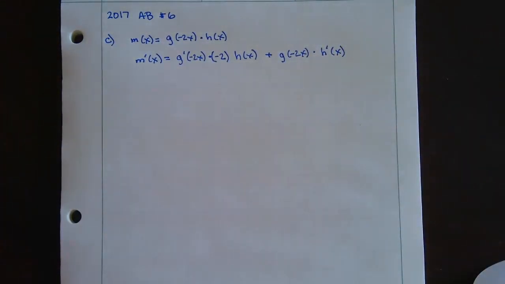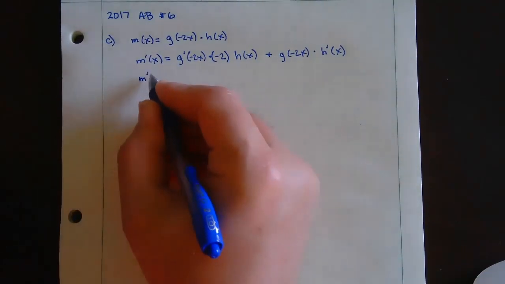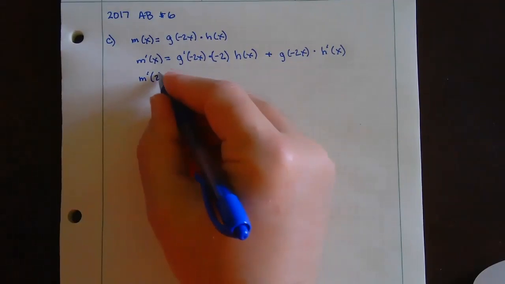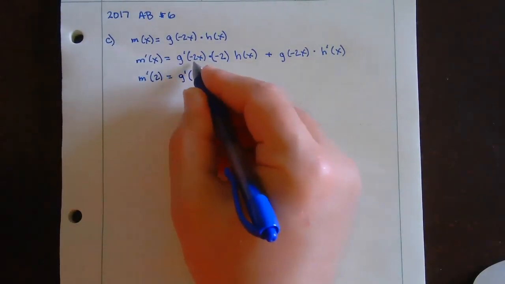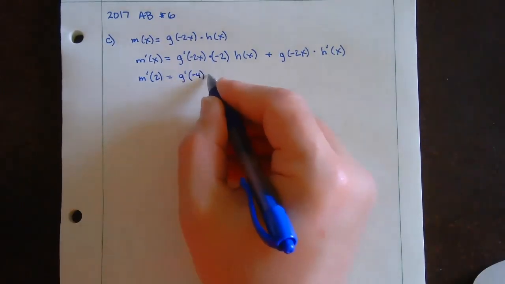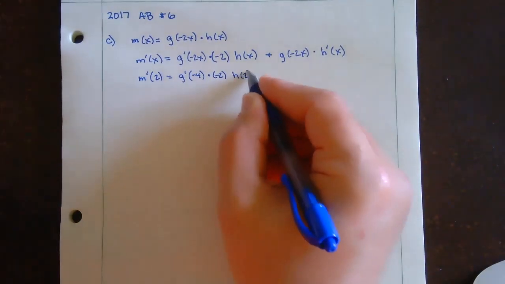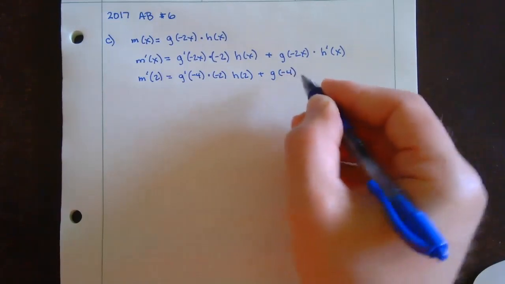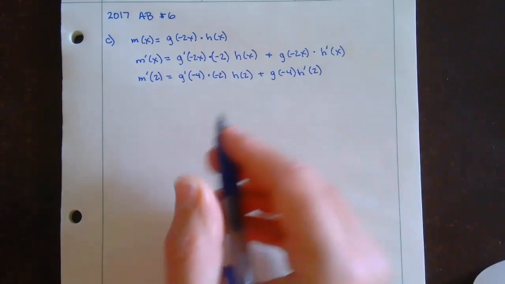Okay, so cleaning this up a little bit, what were we trying to find? M prime of 2. That'd be equivalent to finding g prime of -4 times -2, h of 2, plus g of -4 times h prime of 2.